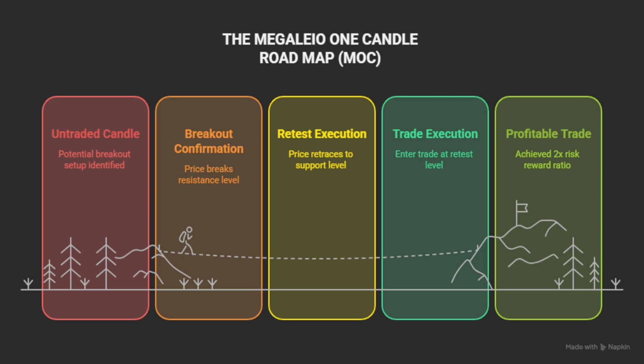Spreading the strategy out, we have the untraded candle. This untraded candle is the candle we are going to mark out to see how price reacts around that candle. The next point we're going to consider is a breakout confirmation. We want to see price break out of the untraded candle zone.